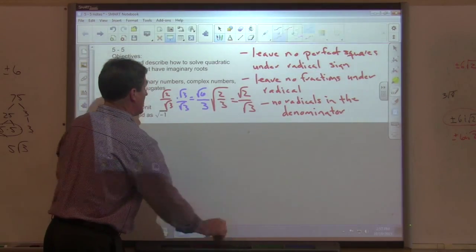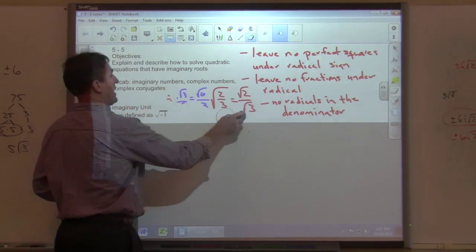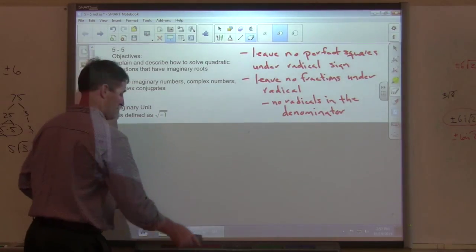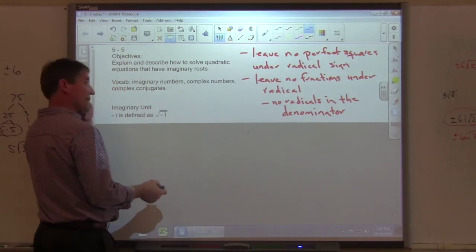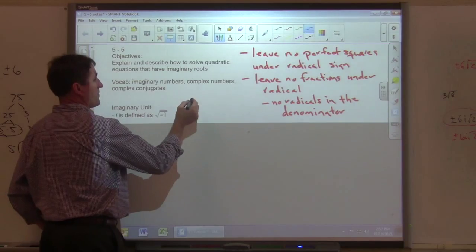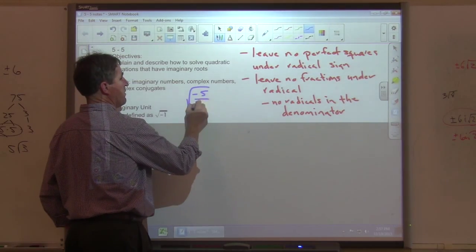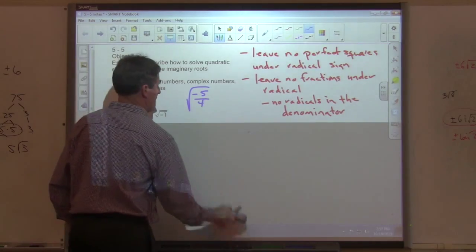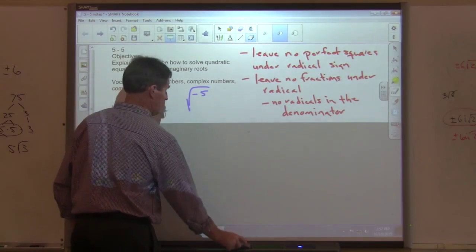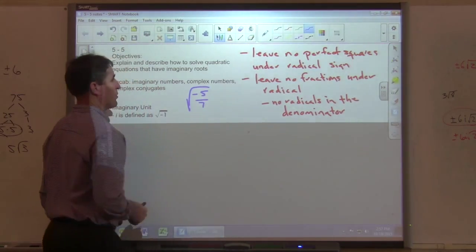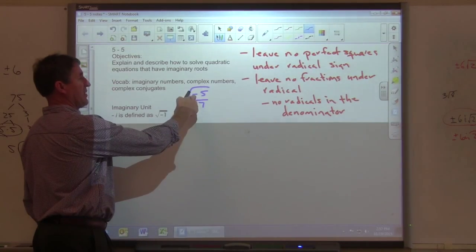So we're going to be using these rules, and now we're going to apply it to negative numbers. Nothing changes. So let's take the square root of negative 5/7. Okay? It's easy to take care of the negative sign.